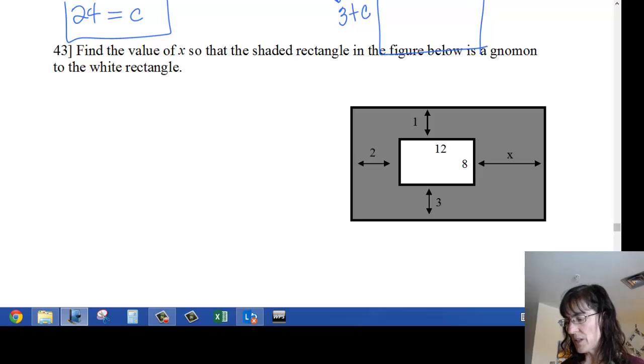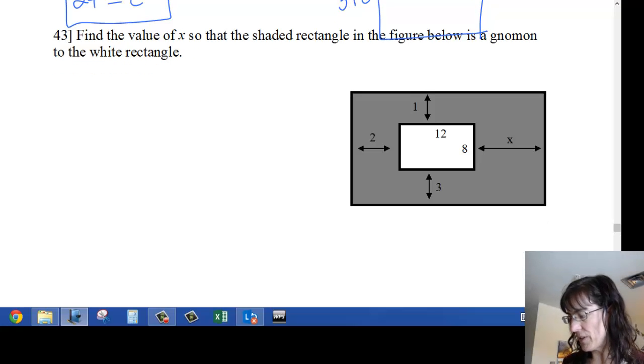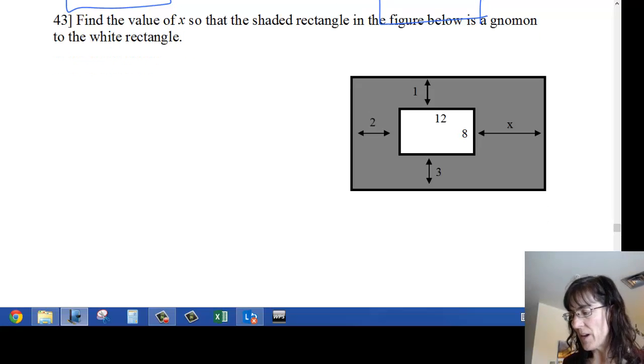Okay, let's look at a slightly different version of this and find the value of x, and here's my x, so that the shaded rectangle in the figure below is a gnomon. So we'll call that one the G, and then this one will be our R, and we'll say that's a gnomon to the white rectangle.